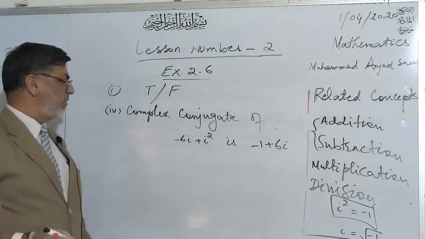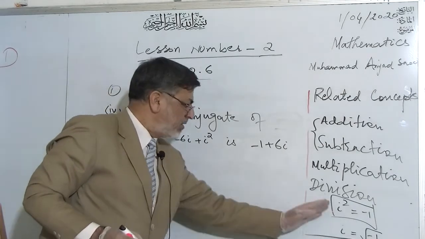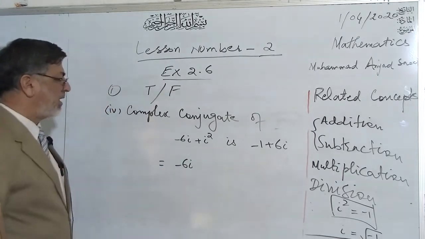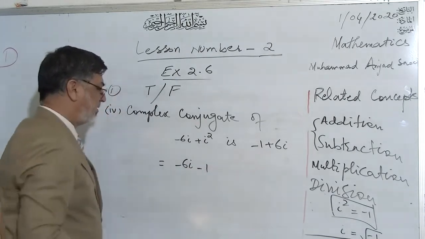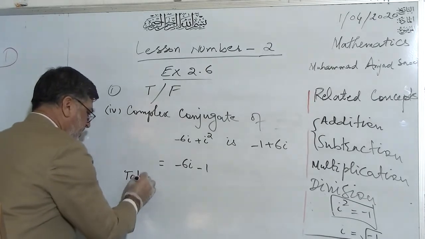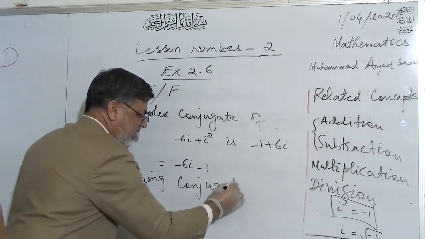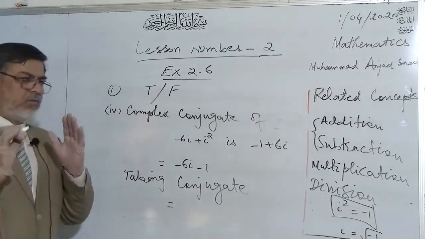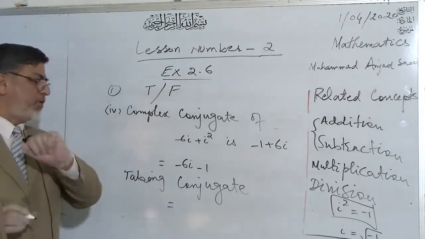My dear students, you know what is meant by iota square. Using the value of iota square here, we get minus 6 iota, and here is minus 1. But taking the conjugate, you know that in case of conjugate, you will change the sign before iota.